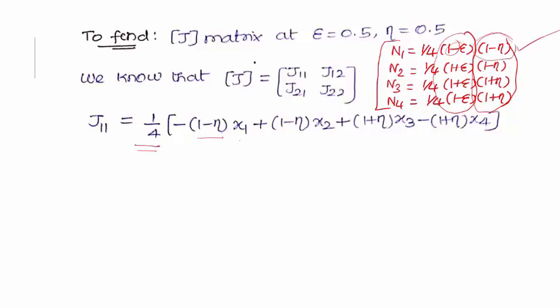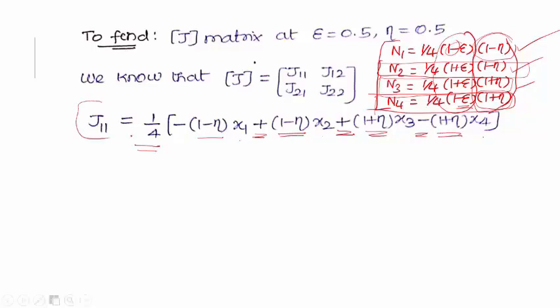In the second shape function the sign of epsilon is plus, the eta term is 1 minus eta, x2. In the third shape function the sign for epsilon is plus and the eta term is 1 plus eta, x3. In the fourth shape function the sign for epsilon is minus and the eta term is 1 plus eta, x4. Likewise, we can keep this formula in our mind.